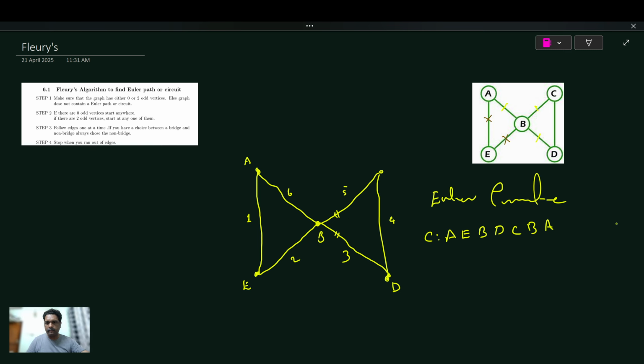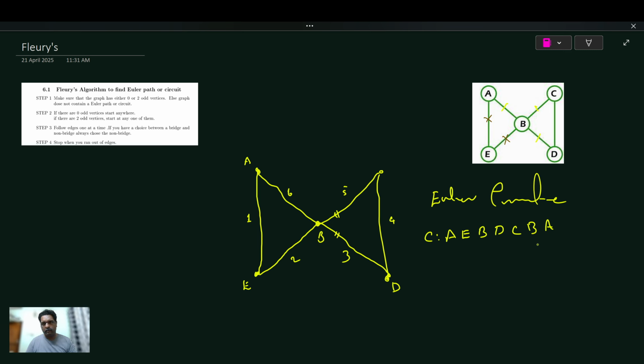So we can have different Euler circuits in the same graph. Anyway, the Euler circuit contains all the edges of the graph exactly once.